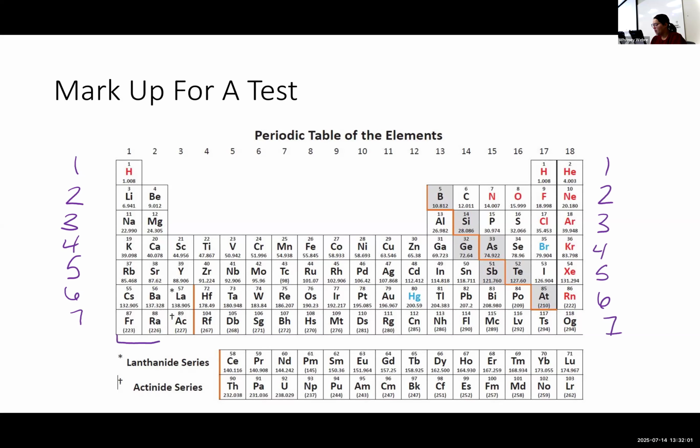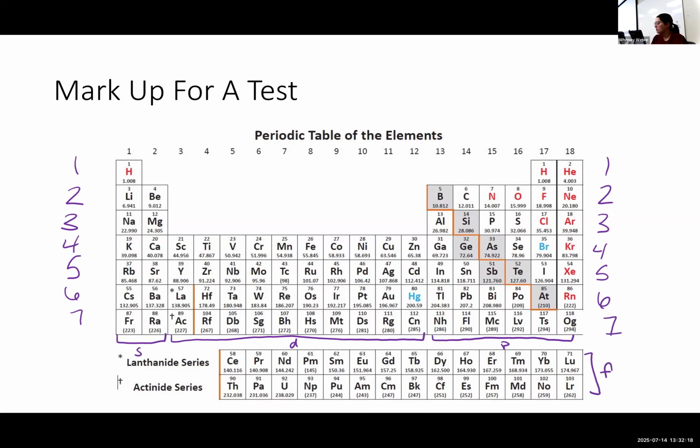You can also make a note that this is the S block, this is the D block, the P block, this is the F block. So you can make your lives a little bit easier on the exam by doing that.